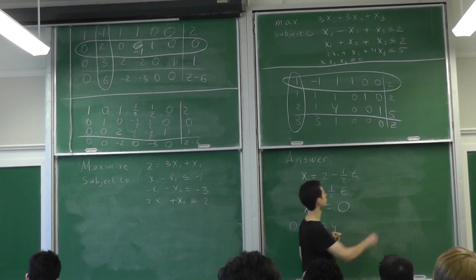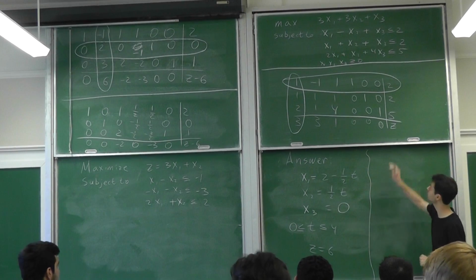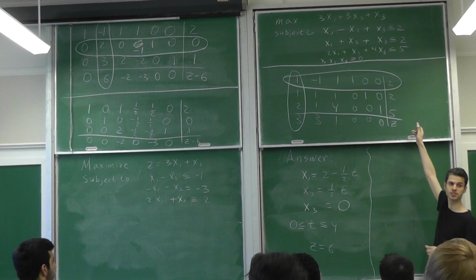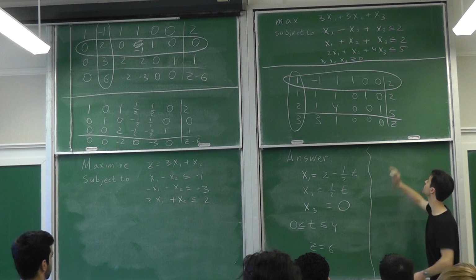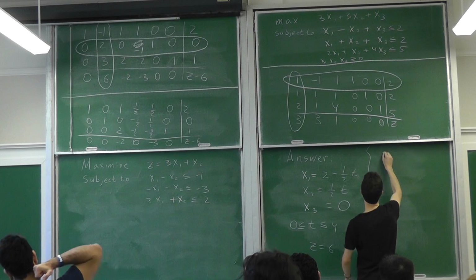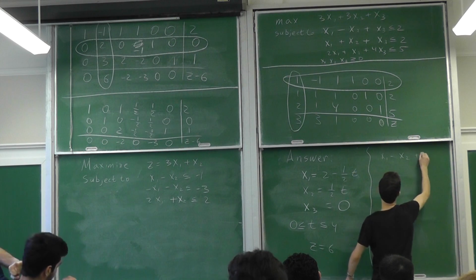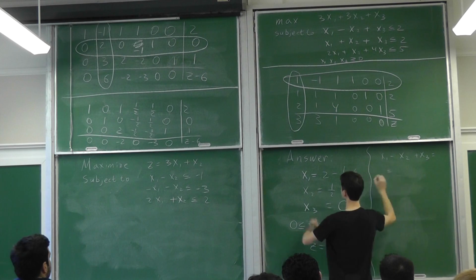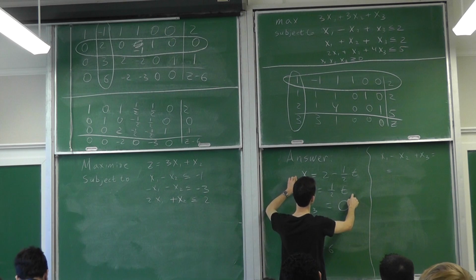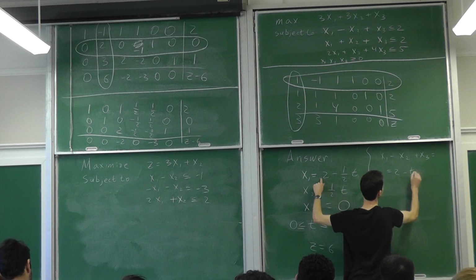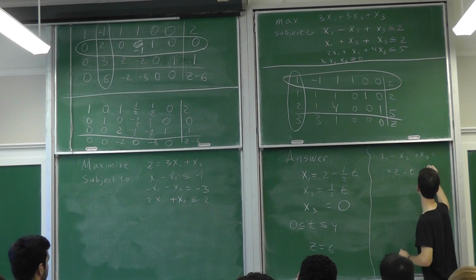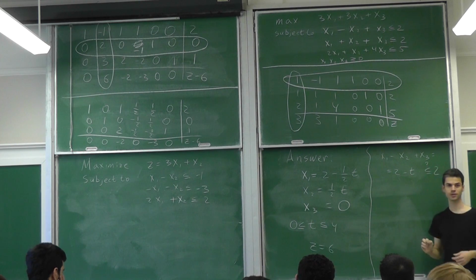So maybe it's actually a good idea to see what happens to the constraints and why they are satisfied under this assumption. So the first constraint, x1 minus x2 plus x3, well, what is it? x1 plus minus x2, so it's 2 minus t. Is it smaller than 2?